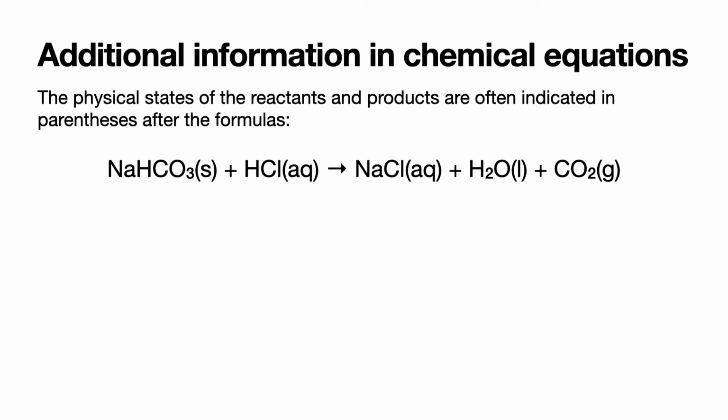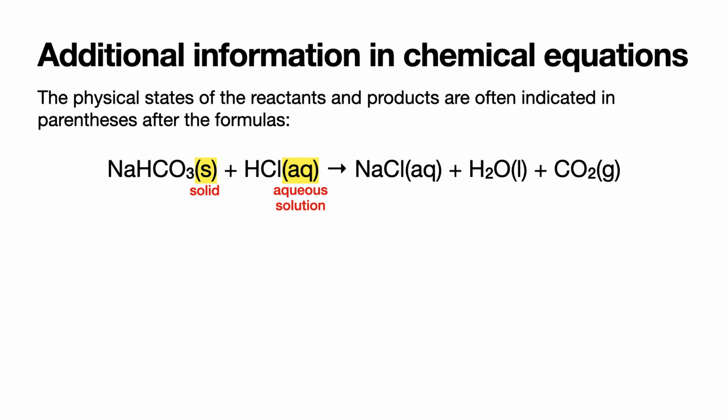So the sodium bicarbonate, NaHCO3, is a solid. We can represent that using the letter S in parentheses after the formula. The hydrochloric acid here is an aqueous solution. That is to say, it's dissolved in water. And we can represent that by writing the abbreviation AQ in parentheses after the formula.